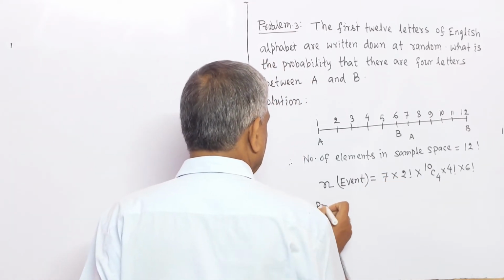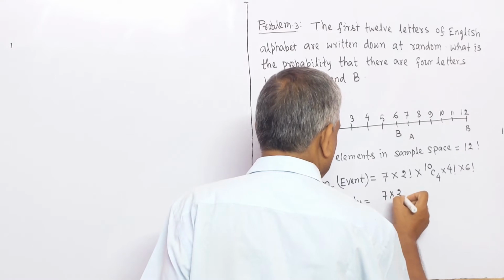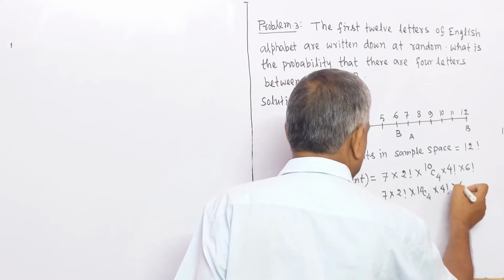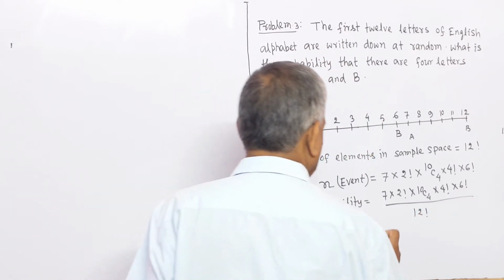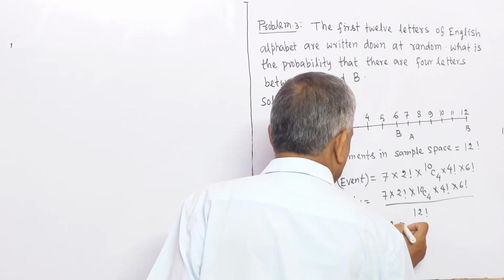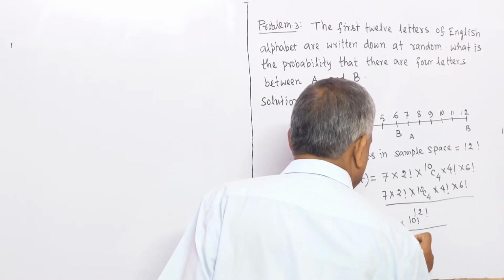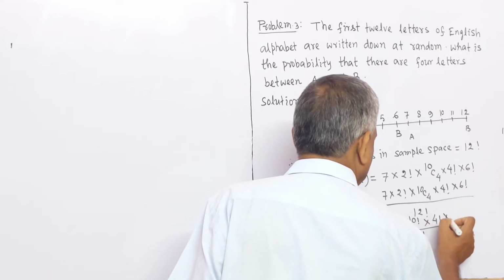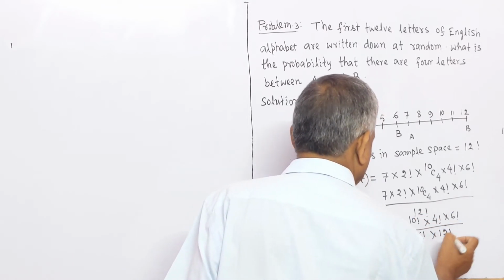Therefore probability equal to number of elements in event 7 multiply factorial 2 multiply 10C4 multiply factorial 4 multiply factorial 6 by factorial 12, and this will be 7 multiply 2 multiply factorial 10 by factorial 4 factorial 10 minus 4 means factorial 6 multiply factorial 4 multiply factorial 6 and here factorial 12 denominator.